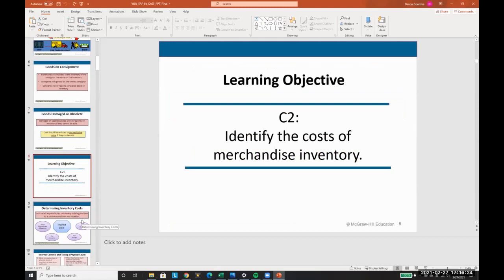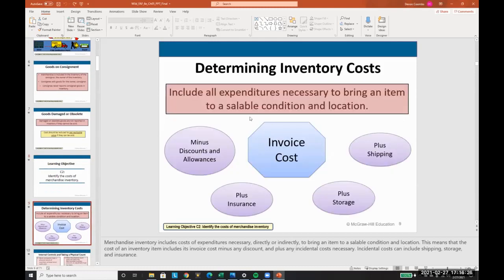So how do we identify the costs of the merchandise inventory? Well, we have to include everything that is required to bring an item to a sellable condition. We talked about this briefly, but we're going to go into more detail in this lecture. So let's say I purchase a piece of equipment for my factory that makes shoes.